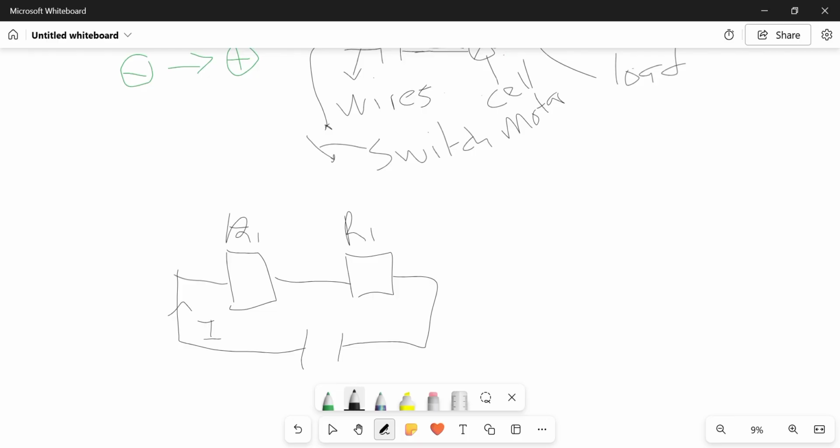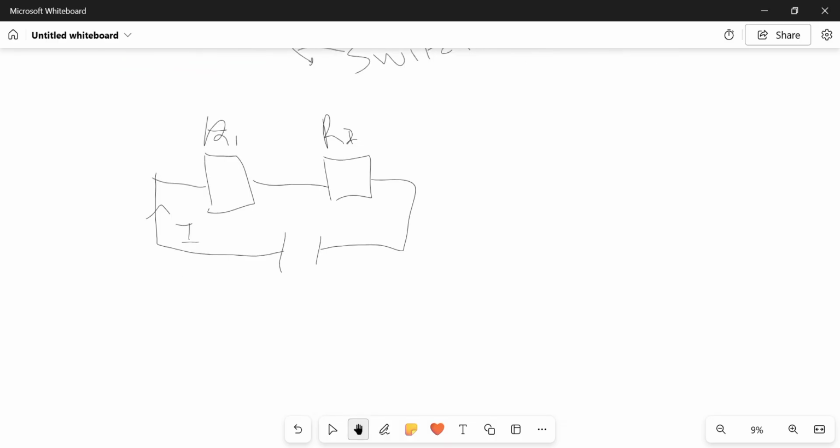The components are connected one after another, which is a series circuit. Before I go to parallel, let me just discuss the series circuit first.